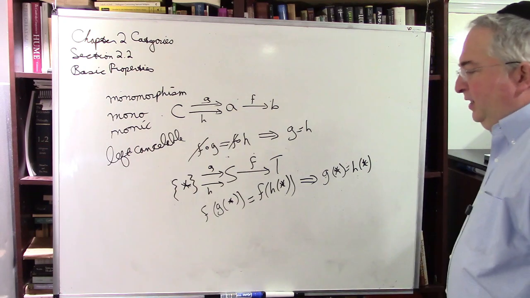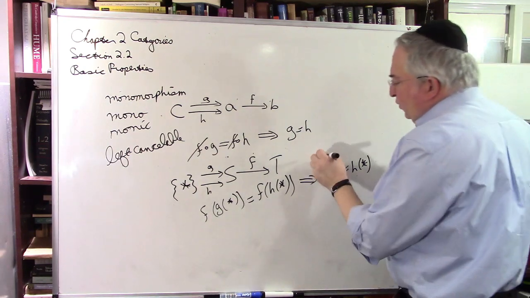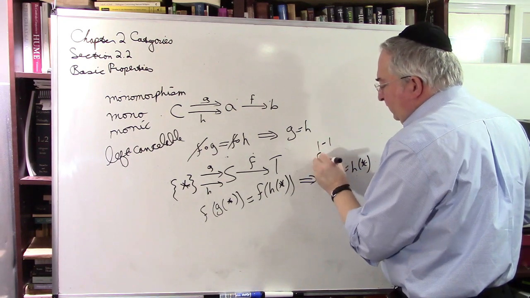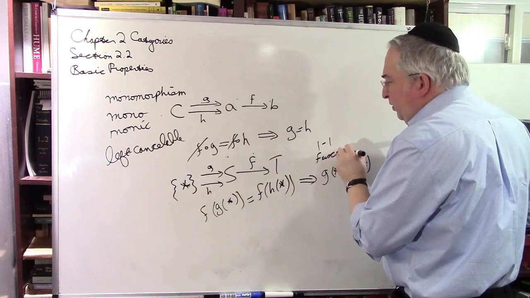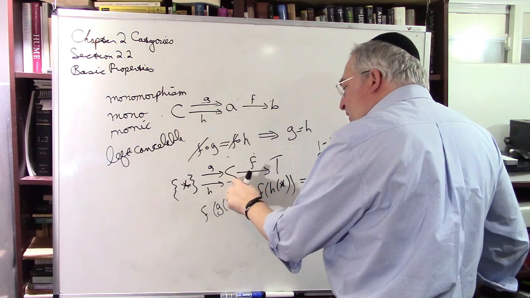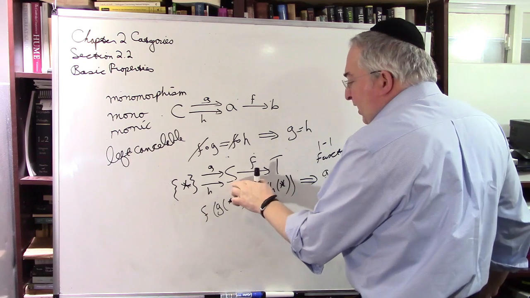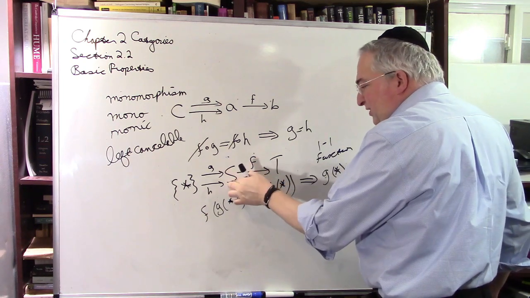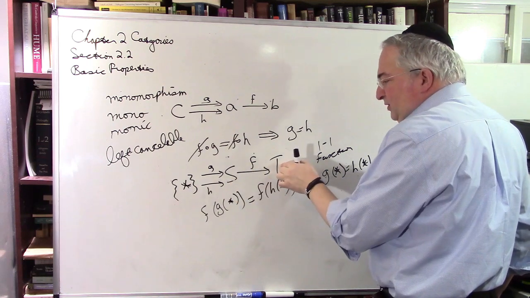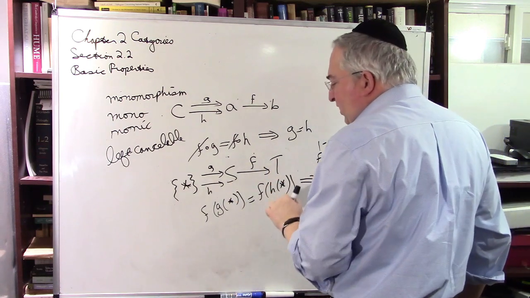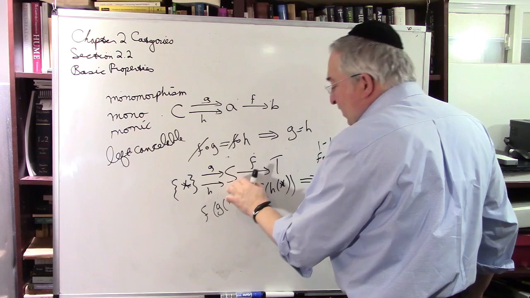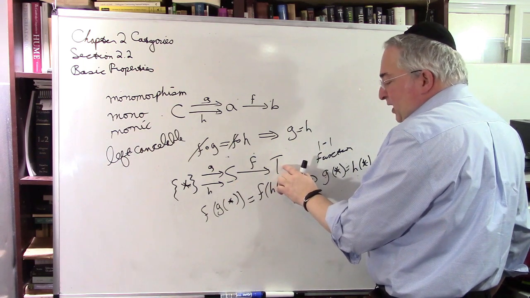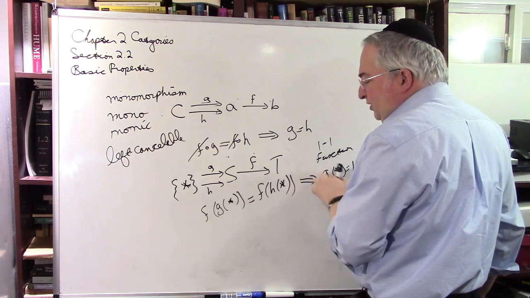Okay, and in sets, this is called a one-to-one function. Let's just remember. A one-to-one function is where no two things come to one thing. No two S's come to one element of T. Or another way of saying it is, if two elements come to one element, then it must be that those two elements are the same.